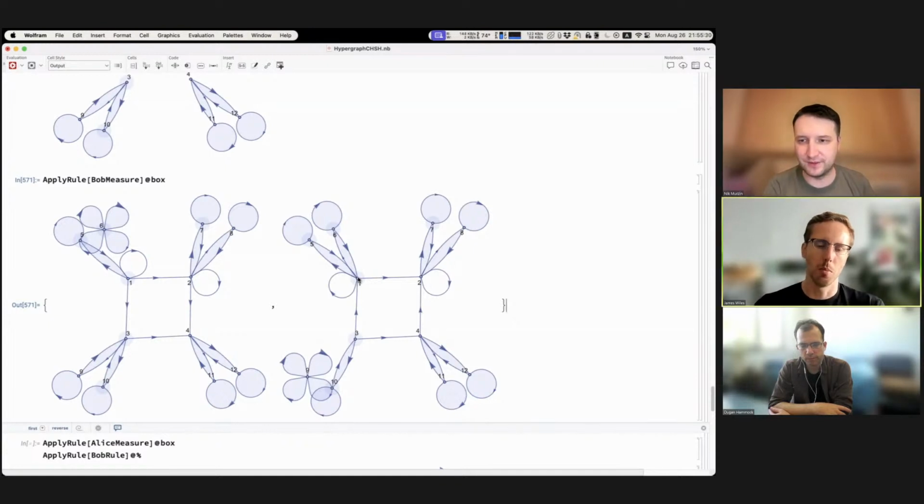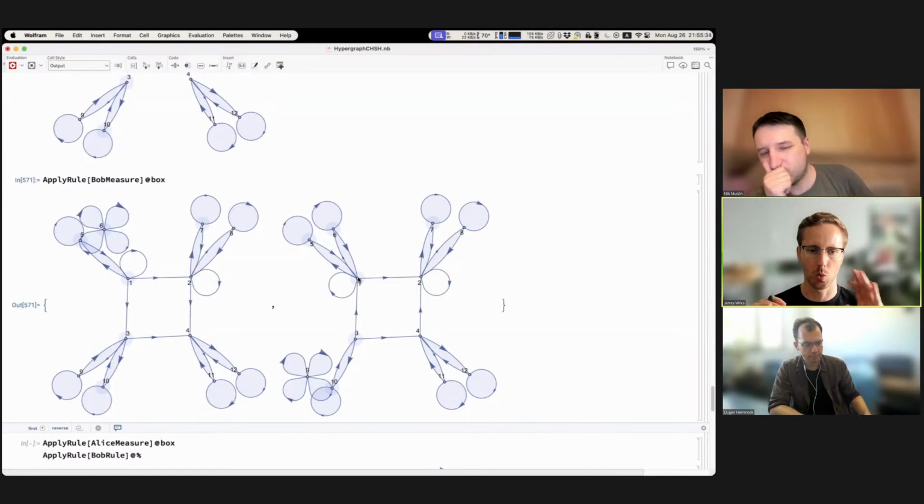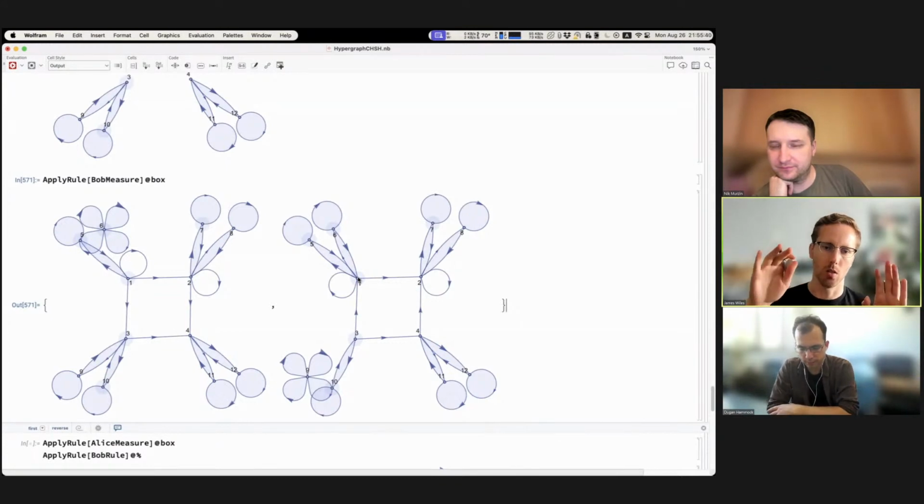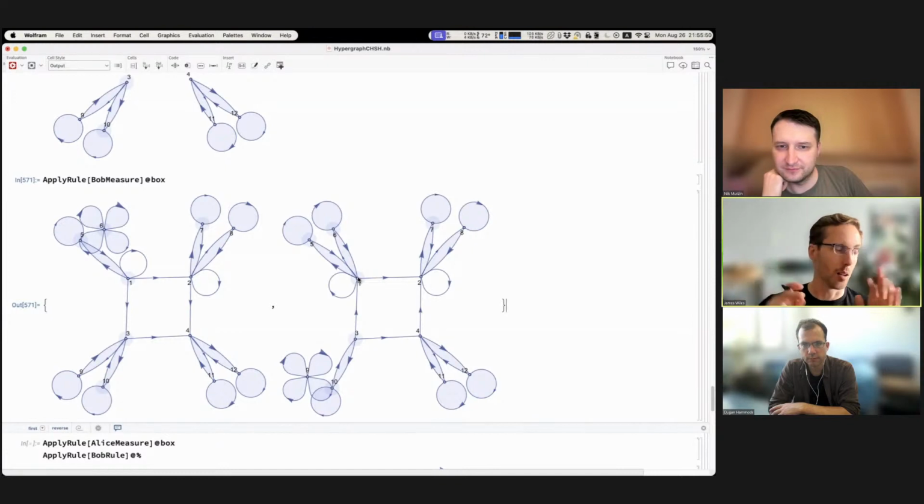So maybe I don't understand what you're saying is the problem, but I thought you're saying that once Alice, for example, makes a measurement, it destroys that structure, so that whatever measurement Bob makes is not connected. It won't be influenced by the measurement that Alice made, or they won't be able to end up in the same 4-leaf clover.